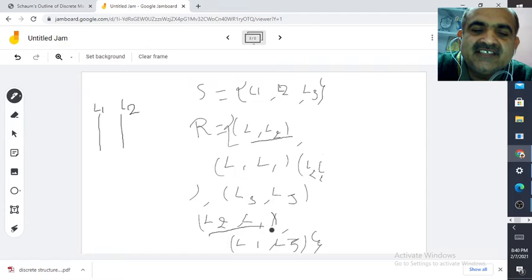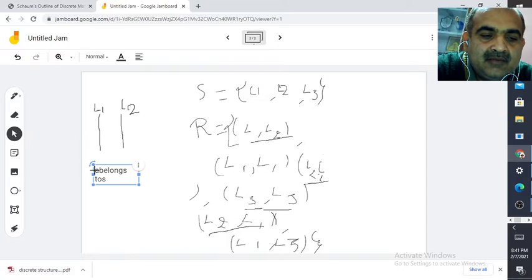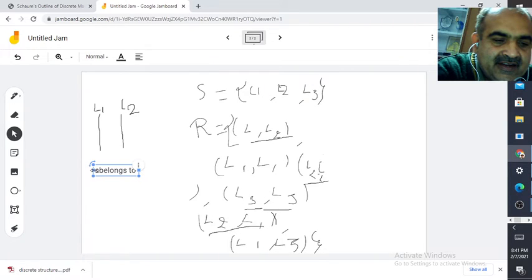It means that a R a exists for every a belonging to S. S is the set, so I write it here in capital.